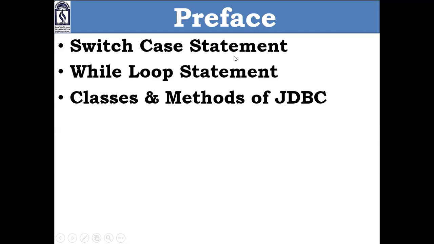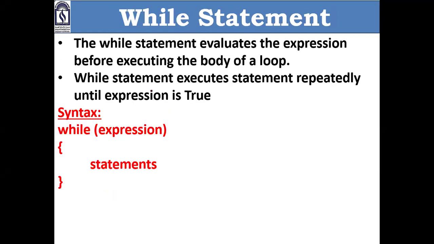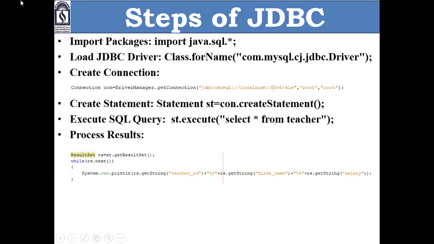We are using the switch case statement, the while loop statement, and classes and methods of JDBC. Among these, switch case and while loop we already studied in previous classes. I hope you know. Still, if you have any doubt, please proceed to the Java video lessons we posted before. This is for switch case. This is for while loop. You know very well.